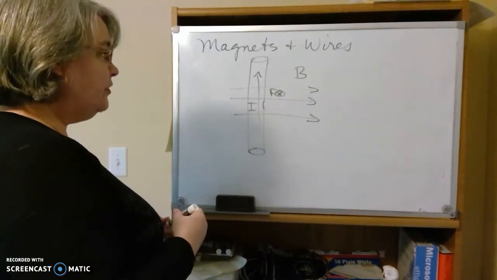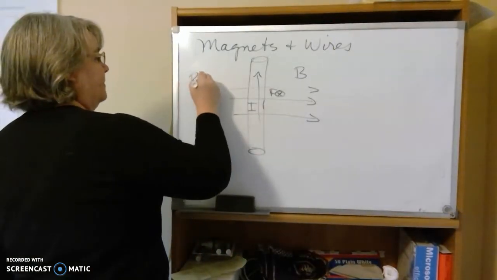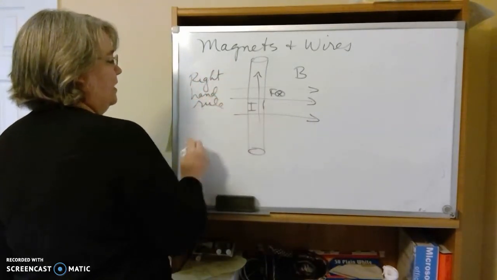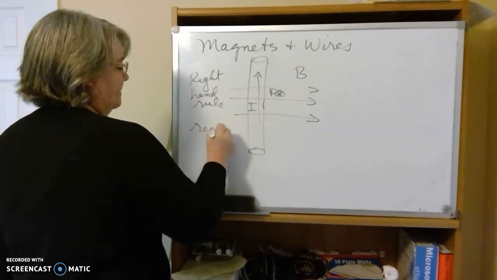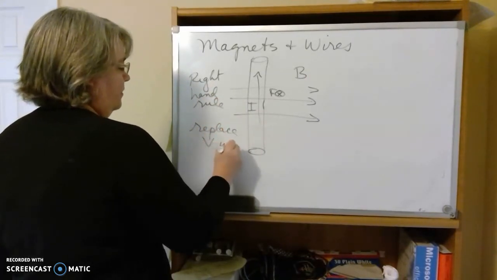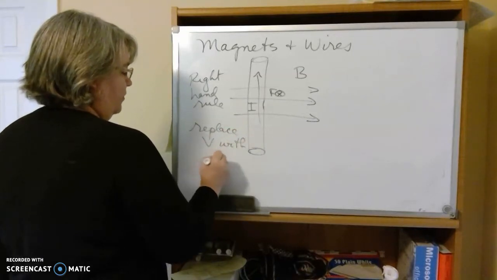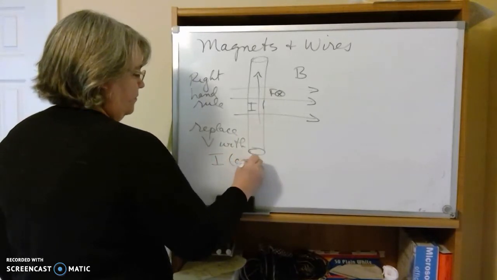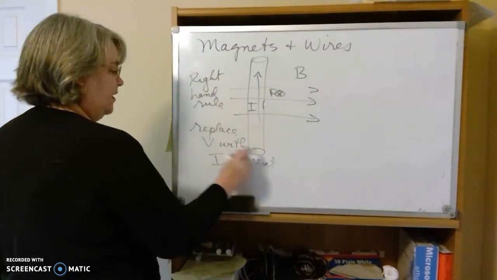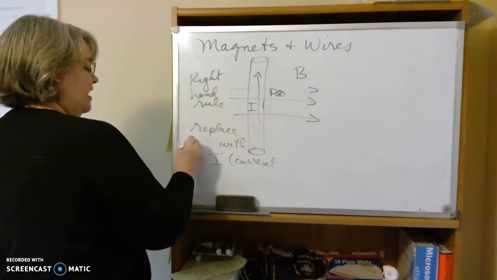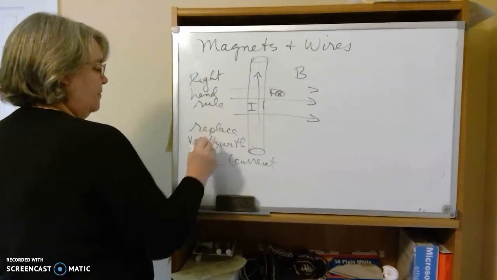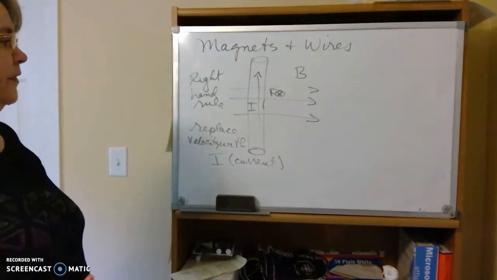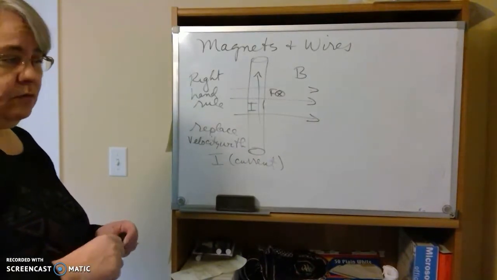And so you still use the right hand rule, but you replace V with current. And this V that I'm talking about here is not voltage V, it's velocity. Okay, so same idea.